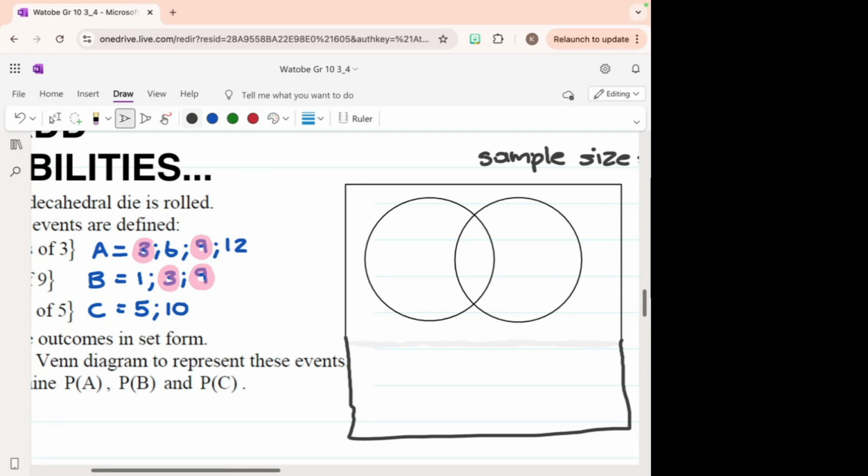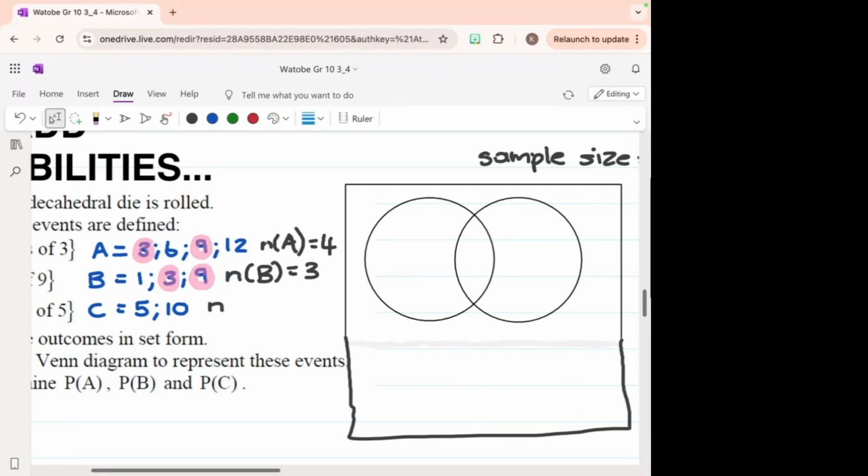So if I'm looking at this, it means that the number of outcomes for A is equal to what? I've got 1, 2, 3, 4 outcomes here, hey? The number of outcomes for B, how many outcomes do I have? 1, 2, 3.